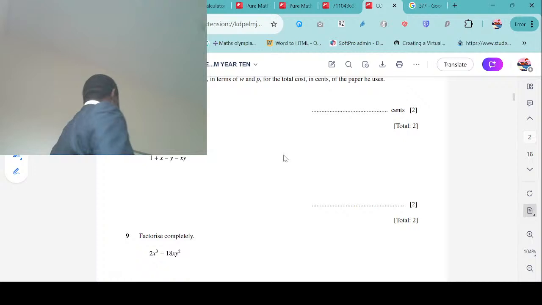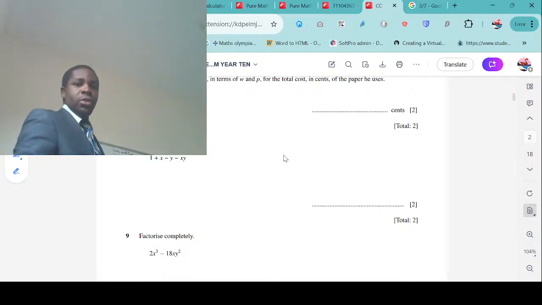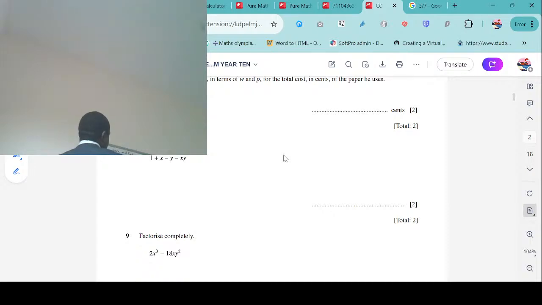Question 8 is about factorization. Factorize completely 1 plus x minus y minus xy. To factorize is simply to find the common term. What is common between these? I think y is common, right? But if I take y to be common, I'll be left with negative 1 and negative x, which is not good for me because of what I have here.